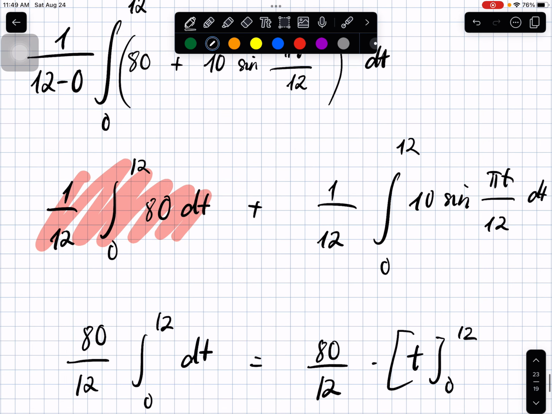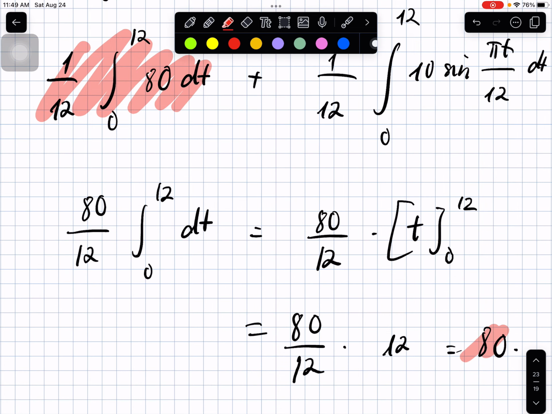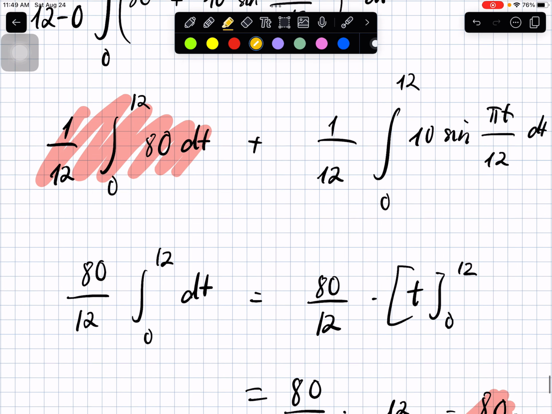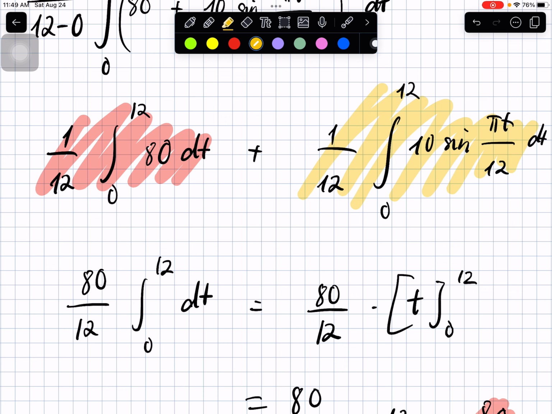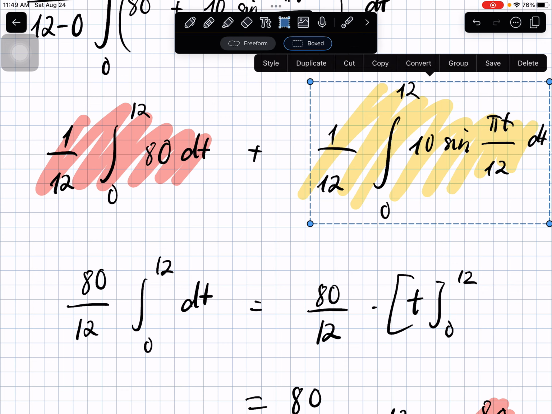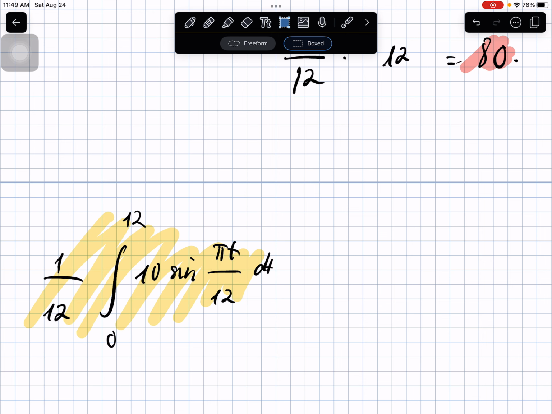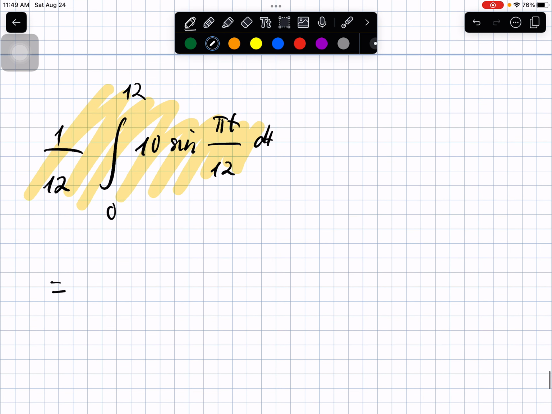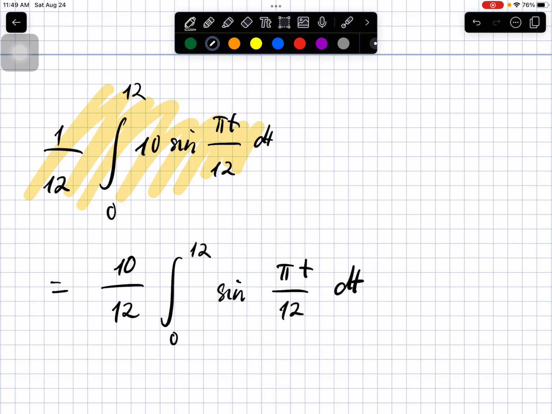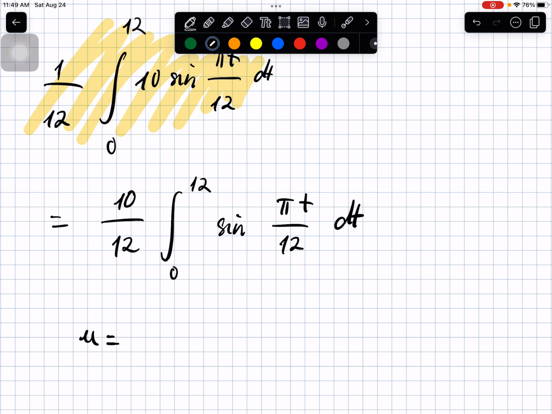The second one, remember that the first one is 80. For the second one, maybe we do u-substitution. This one is 10 over 12 times the integral from 0 to 12 of sine of pi t over 12 dt. So let u be pi t over 12.